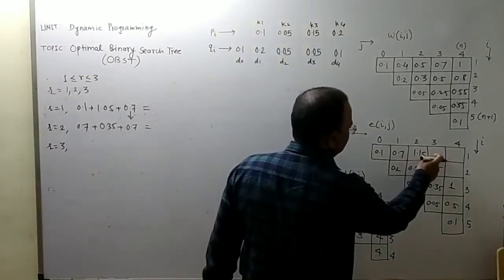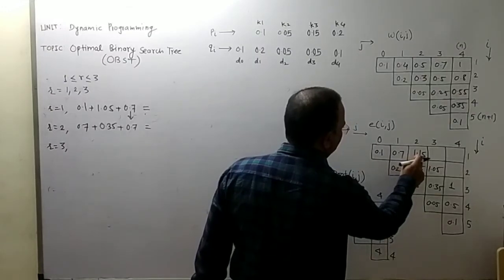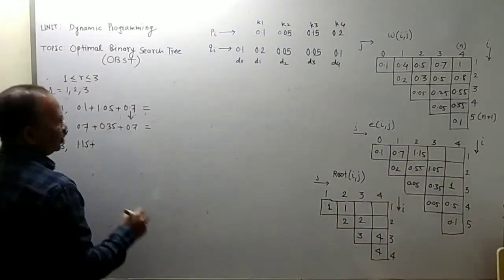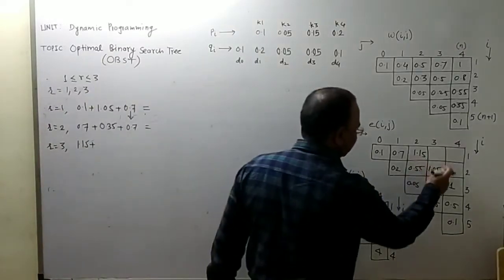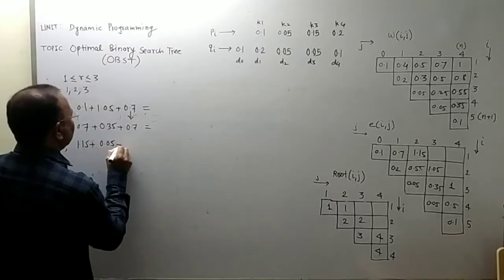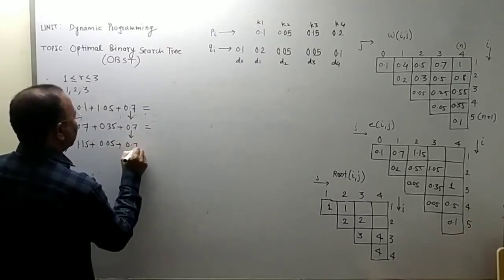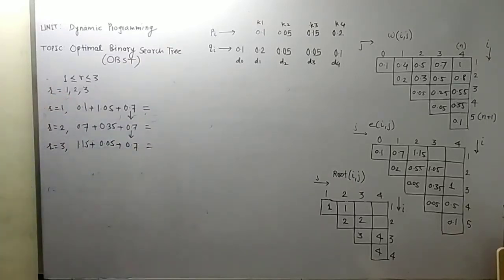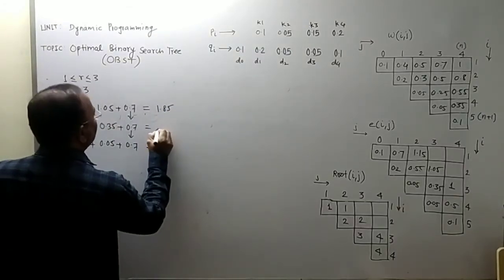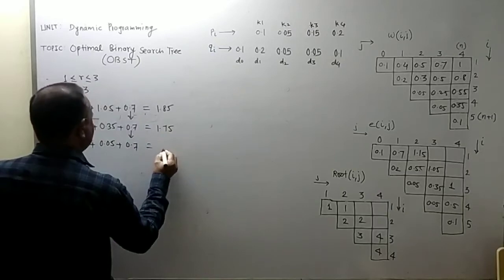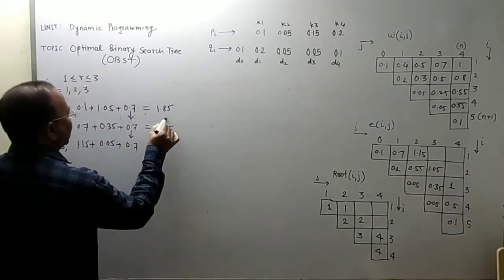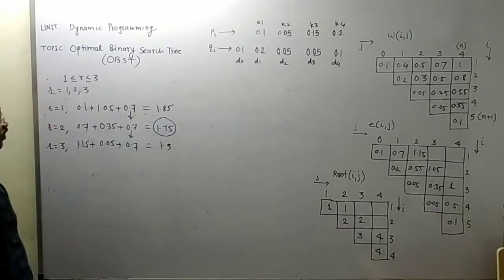In the left side consider the nearer value 1.15. 1.15 plus, in the downside consider the last value, that is 0.05 plus 0.7. In this way we have got 3 values: 1.85, 1.75, 1.9. So out of this, 1.75 is the minimum.